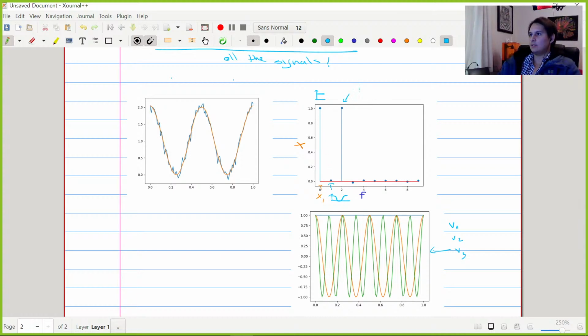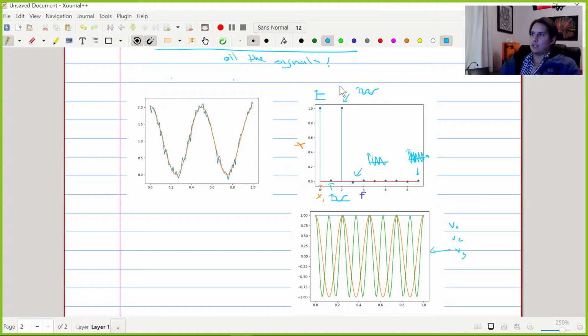This one here is a cosine with a higher frequency. That is exactly the one that matches this. And then the other ones are higher and higher. And this one has too many ups and downs to be represented by this.